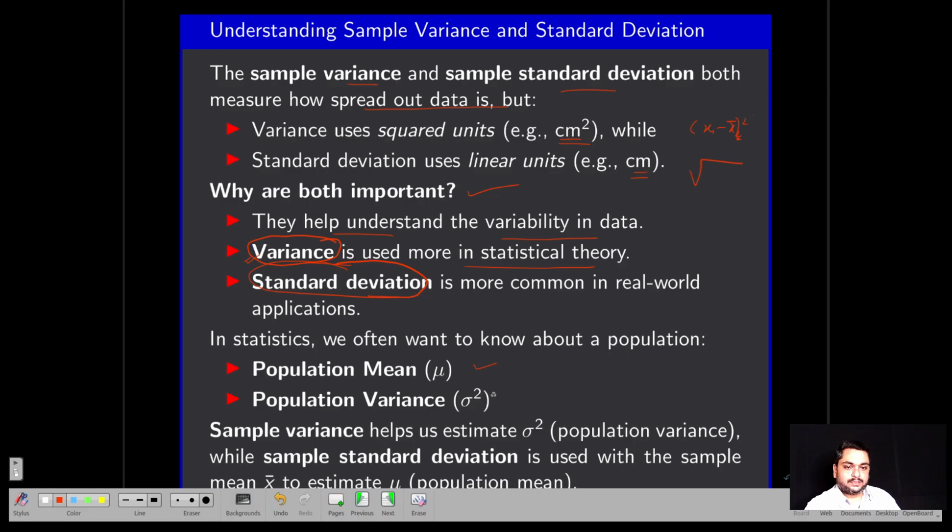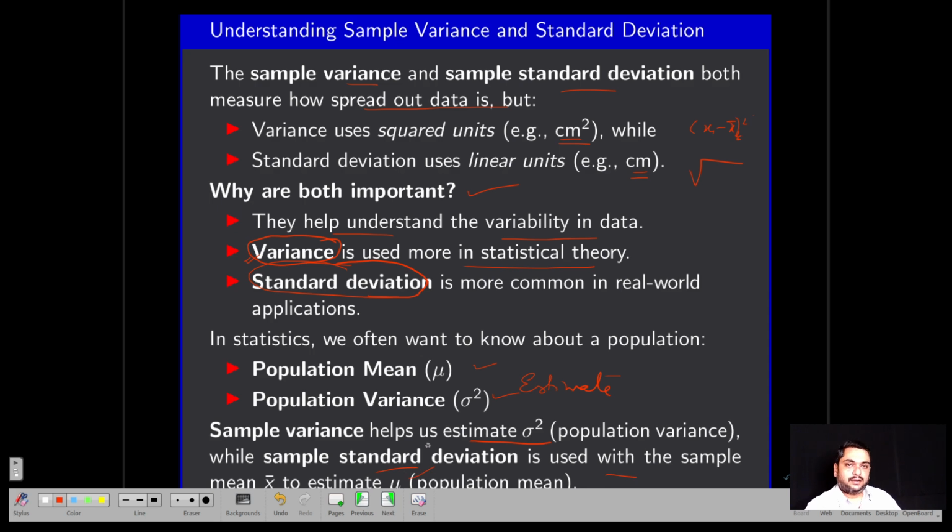So why do you need all this? Population mean and population variance are what we want to estimate. These are the exact statistics, as I told in the last video. We want to see what the population mean and variance are based on the sample we take. Sample variance helps estimate population variance, and sample standard deviation is used with the sample mean, x bar, to estimate mu.